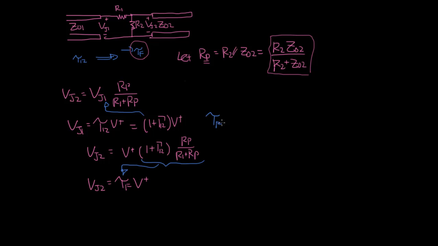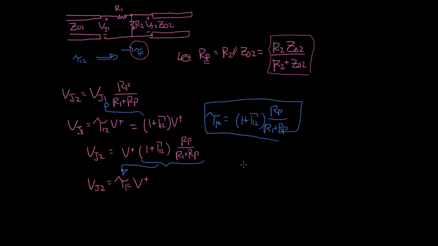And so tau f is going to be equal to 1 plus gamma 1, 2, and this is what tau 1, 2 used to be. But with this circuit, we just add this extra factor of RP over R1 plus RP. And so that is what you would use in place of tau 1, 2.